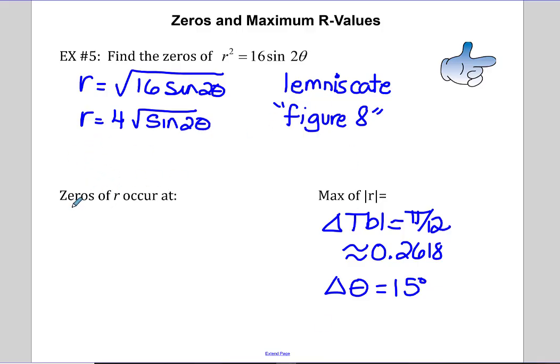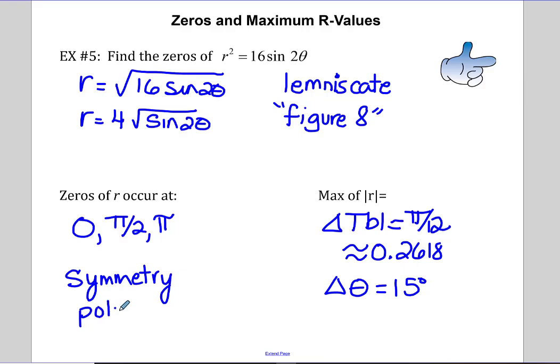So the zeros occur at 0 and pi over 2 and pi. I didn't put pi on the table. And we had symmetry. We had symmetry on the pole. And we could see that from our table because 2.83 and pi over 12 was either positive or negative.